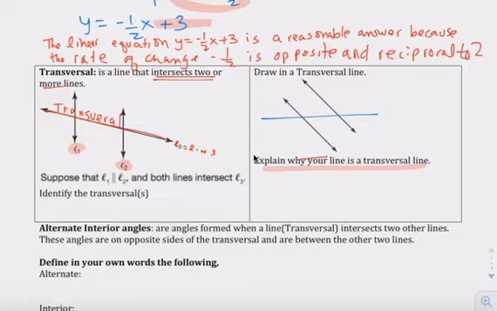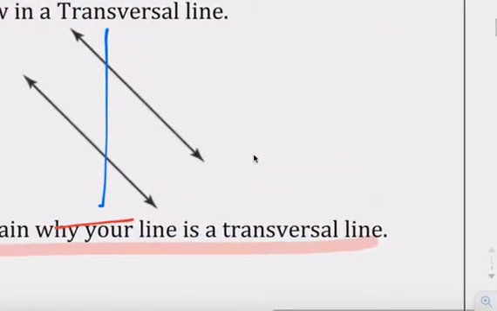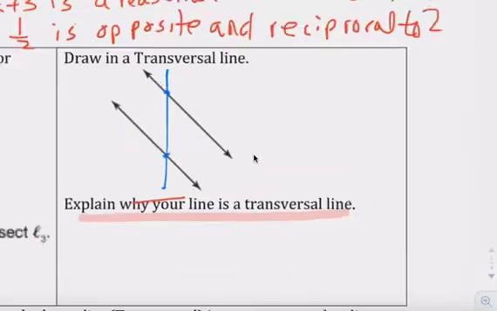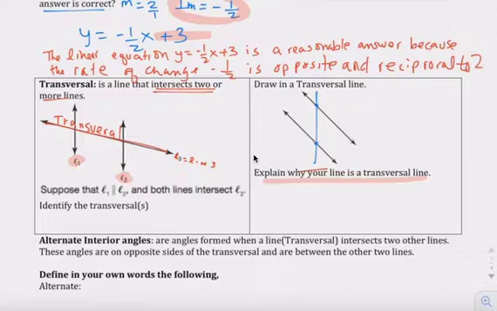If a line crosses 2 lines, it's called a transversal line. Some of you may want to put it like this. Anyway, transversal. See how it crosses twice? 1, 2. That blue line is called a transversal line.